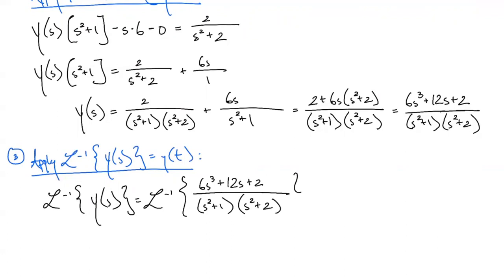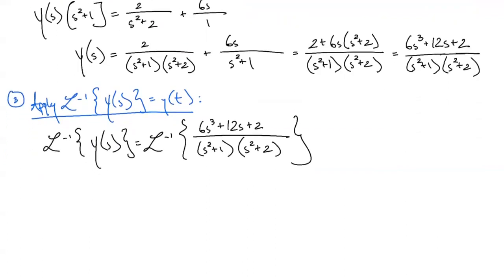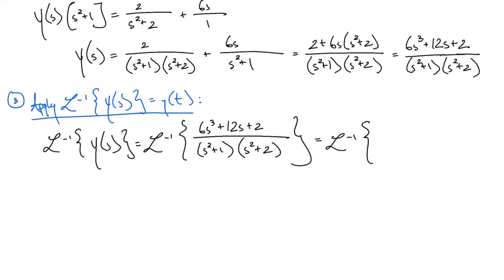Right? And so we have this inverse of both sides. We know that the left-hand side is going to be y of t, right? That automatically gives us our solution. So all we need to do at this point is a bunch of partial fraction decomposition to make this into something that we can read from the table.